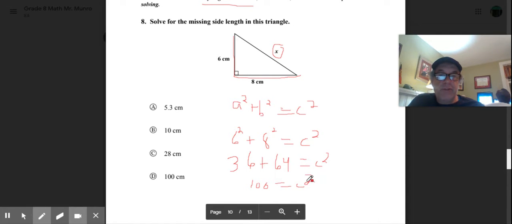But you're not trying to find the square of it. You're trying to find one side. So that's where you need to do the square root sign. And this will allow you to find what c is. So c is going to equal 10. And this side will be 10.